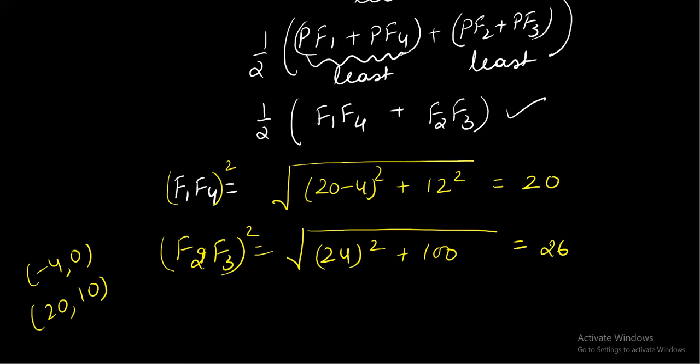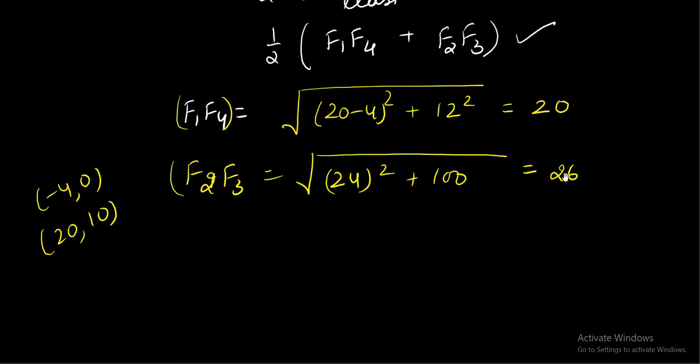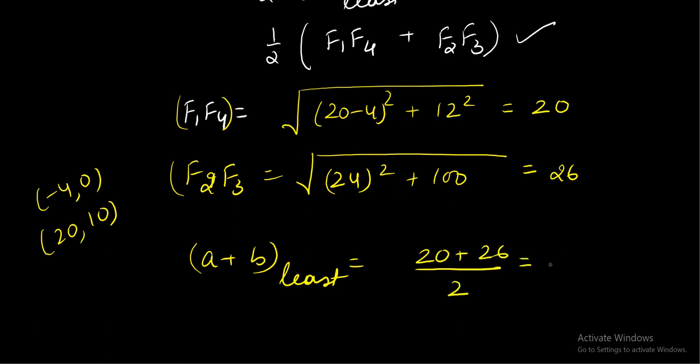Now we have F1, F4 and so squaring is not needed, we have already taken the square root. So now we can say that F1, F4 plus F2, F3 turns out to be the sum of these two. And finally the A plus B least value that we are getting here is 20 plus 26 divided by 2.